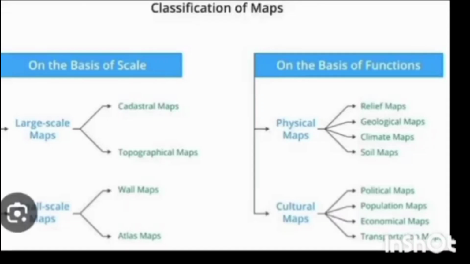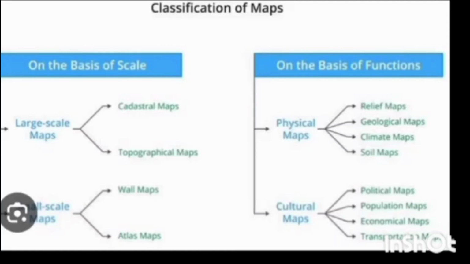Classification of maps. We know that the maps are classified into two on the basis of scale and on the basis of functions. On the basis of scale, there are large scale maps and small scale maps. Examples of large scale maps are cadastral maps and topographical maps, and examples of small scale maps are wall maps and atlas maps.